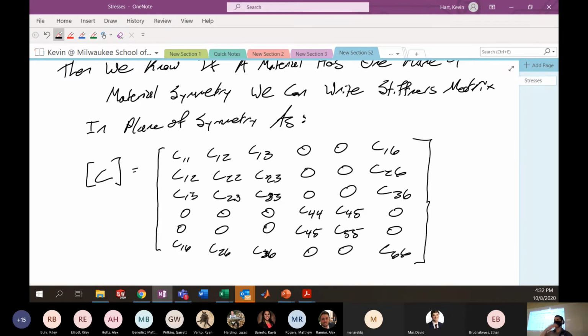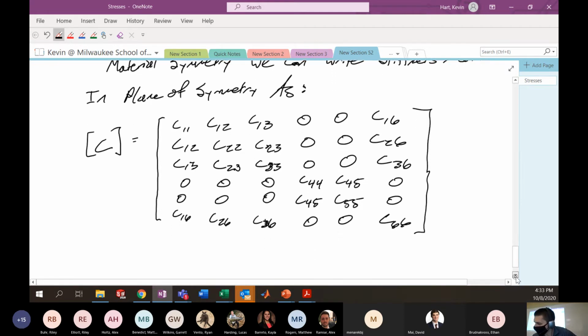So we've simplified from this general stiffness matrix, which has 21 independent values, down to a stiffness matrix with only 13 independent values, just by demonstrating that this 180-degree rotation, if it does leave the properties unchanged, would force all of these entries in the stiffness matrix to be 0.